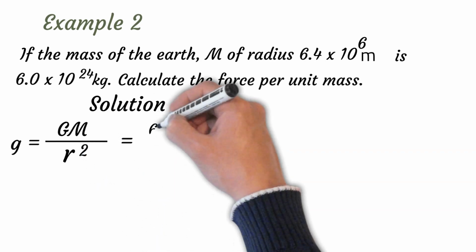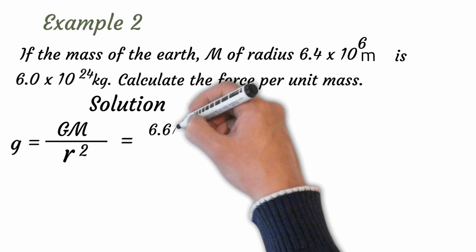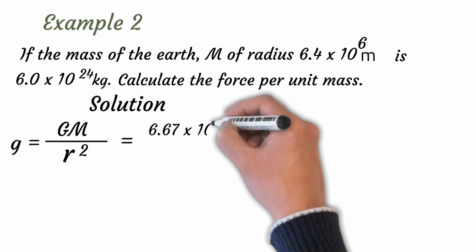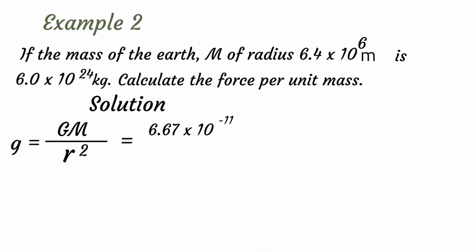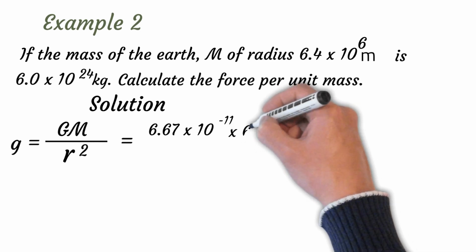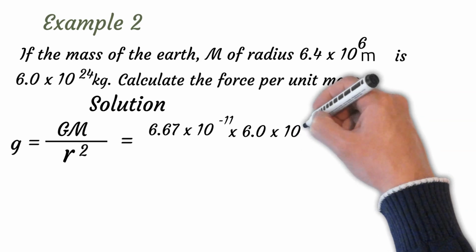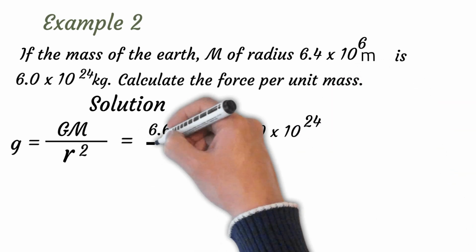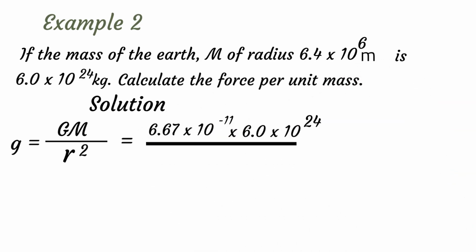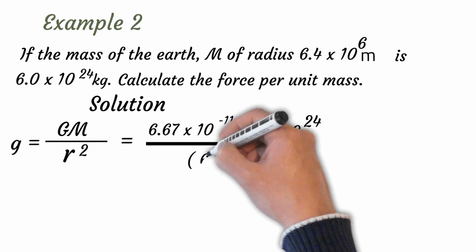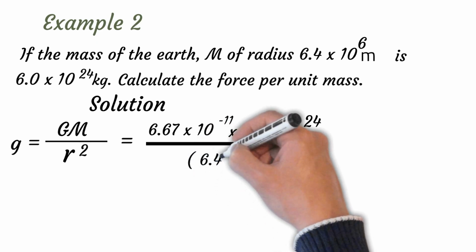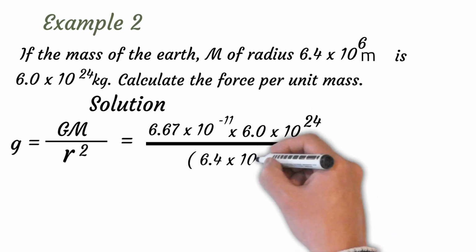So let's substitute our values. G is 6.67 times 10 to the power minus 11, it's a constant, times the mass, which is given as 6.0 times 10 to the power 24, all over the radius square, which is 6.4 times 10 to the power 6, all squared.